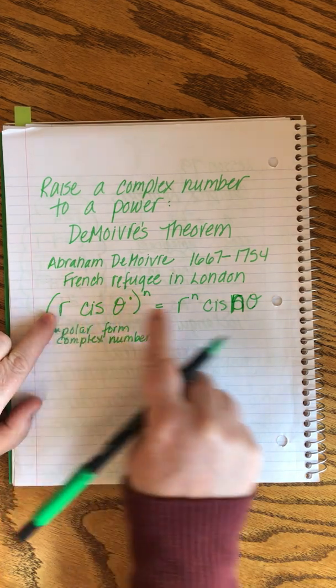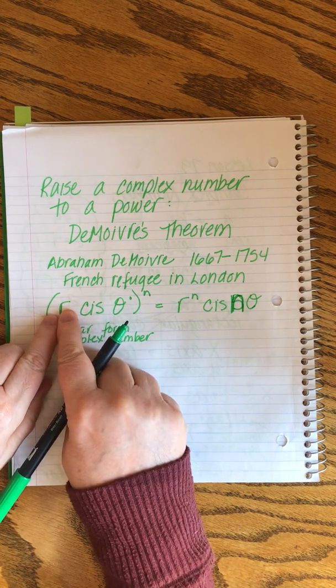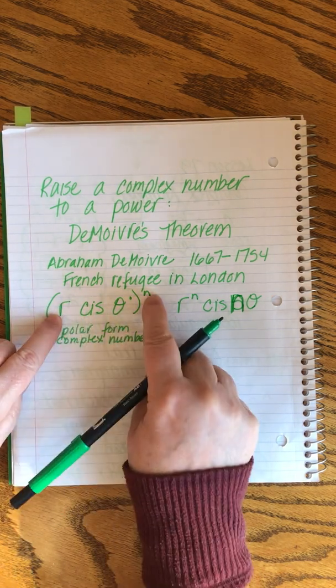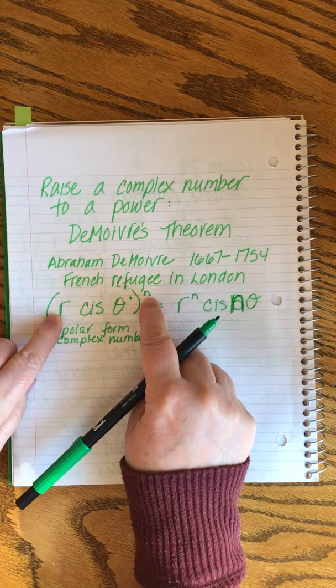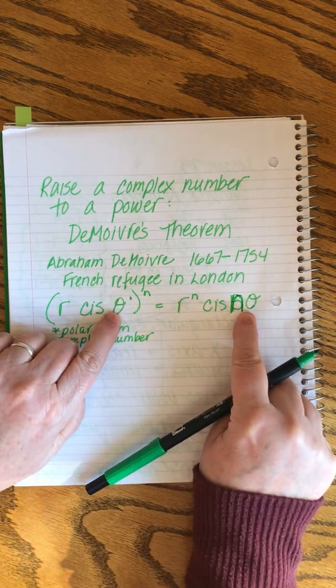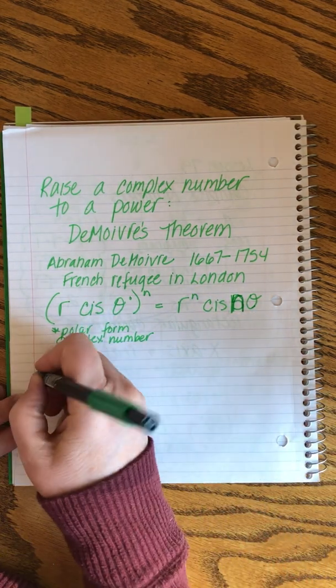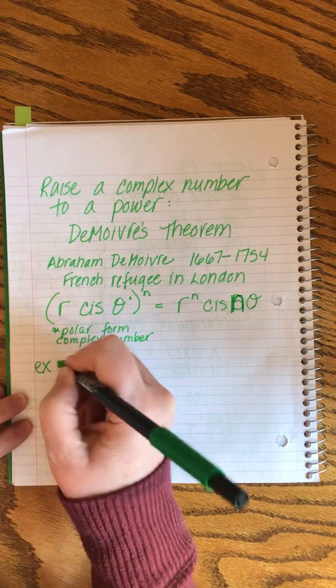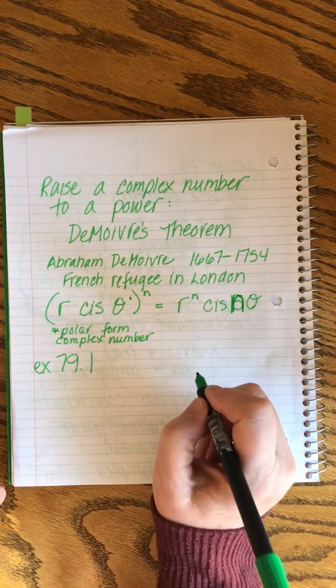You raise the distance to the power, and then you multiply the angle by the power. Okay, let's do an example right away because I said that terribly.